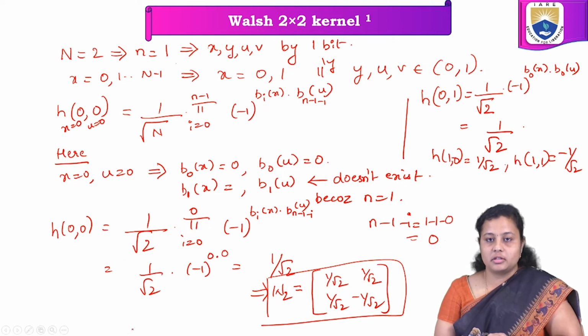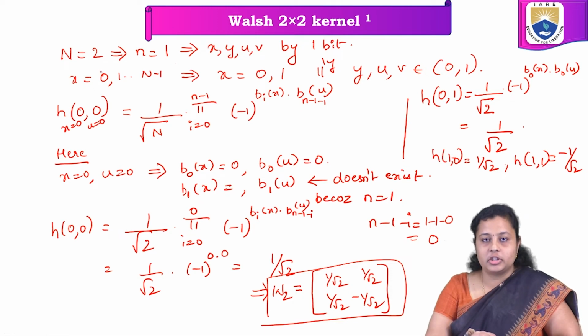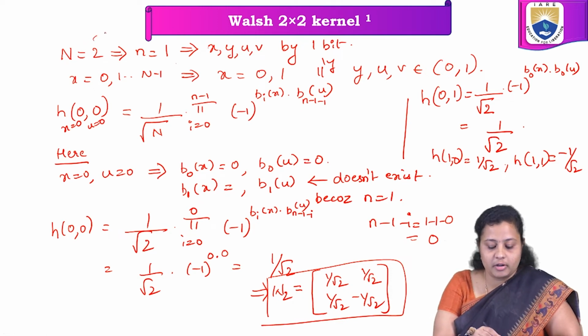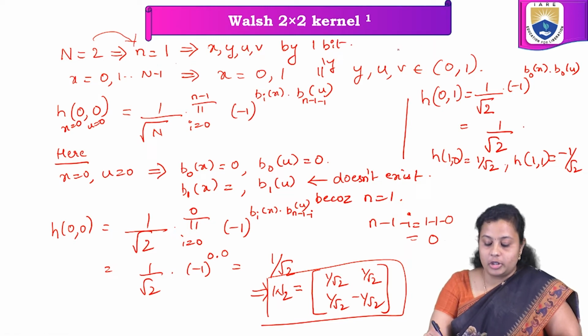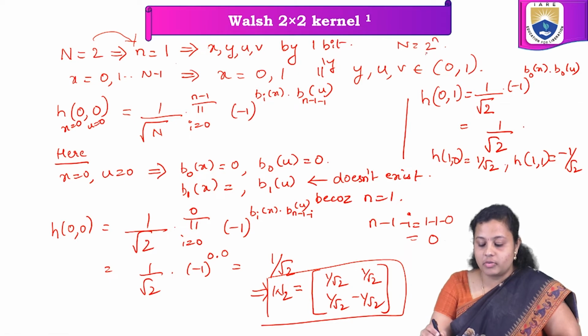We first calculate the order, which is capital N. From there, we calculate the value of small n, given by N is equal to 2 power small n. So from this equation we get the value of small n, and we get to know how many bits x and u are represented by. Then we know that x and u values range from 0, 1, and so on till N minus 1.